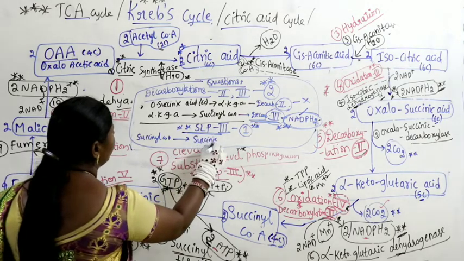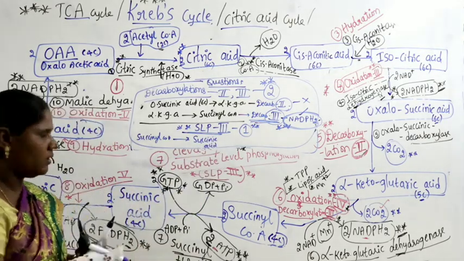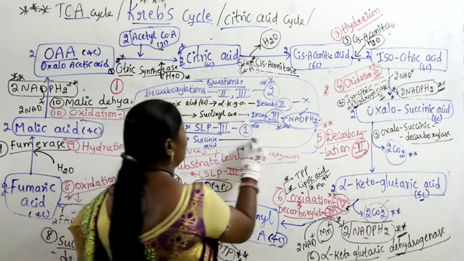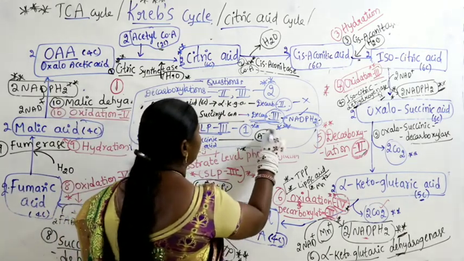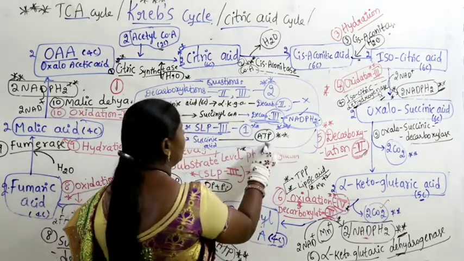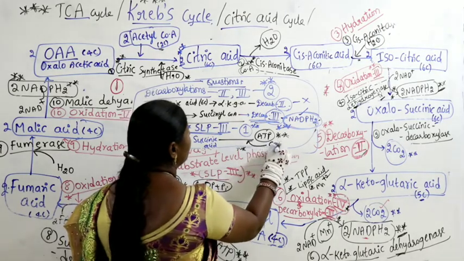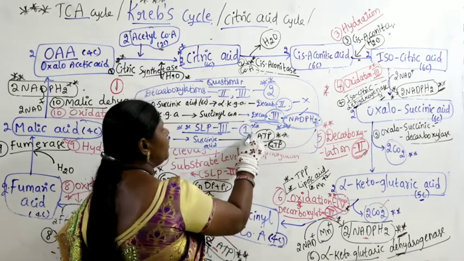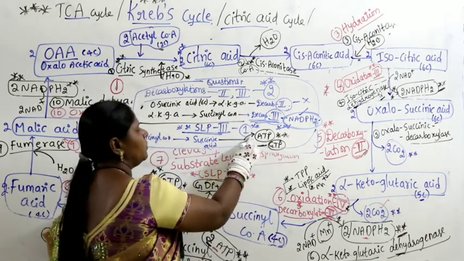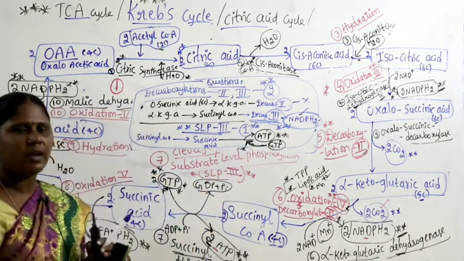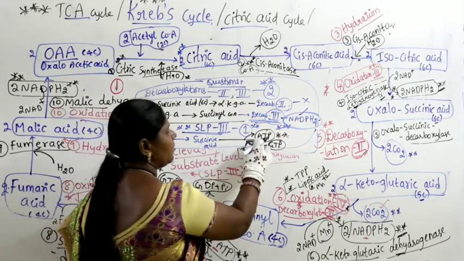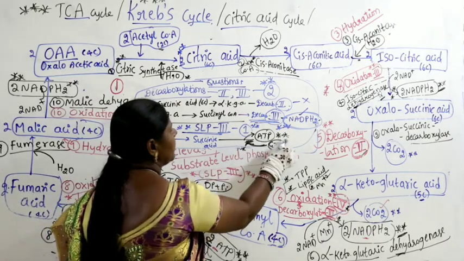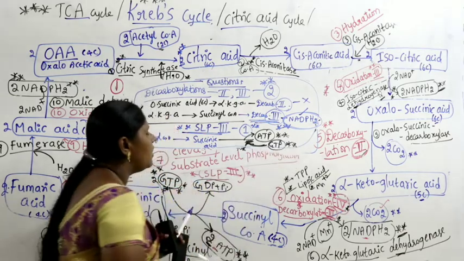What is very important to remember here is that not only is ATP produced, very importantly GTP is converted into GDP. ATP is produced, GTP is consumed. That's very important.